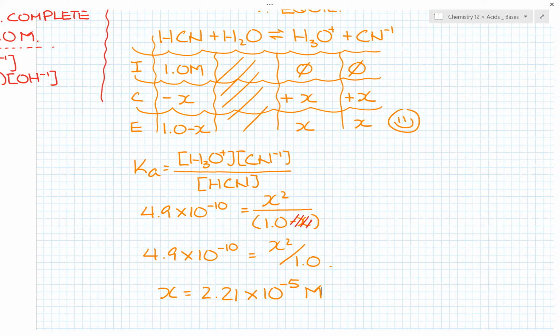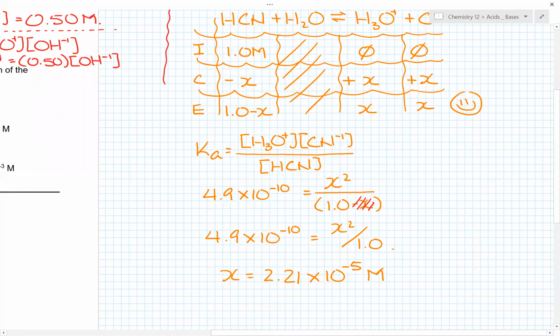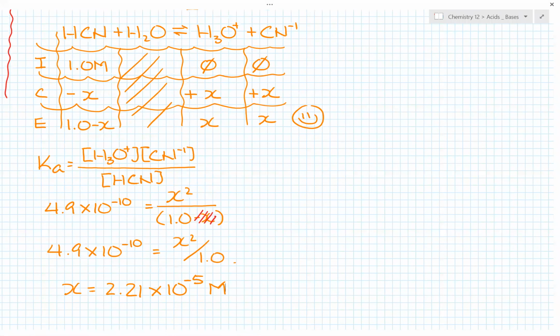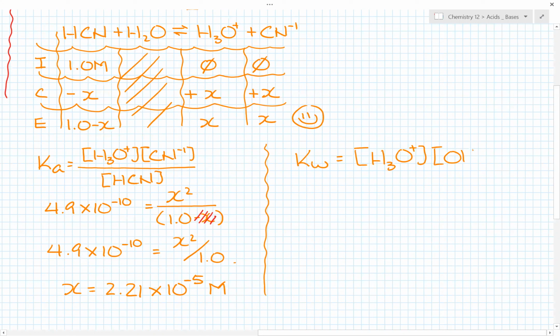Now, I want OH minus, so Kw is equal to the concentration of H3O plus times the concentration of OH minus.